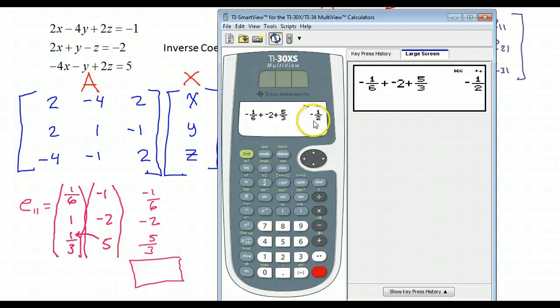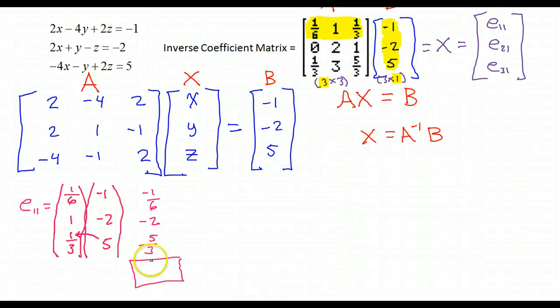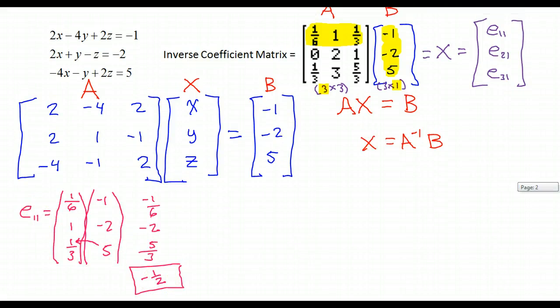Okay, that gives me -1/2. Okay, so the first element is -1/2. Okay, so we can erase this and put -1/2 in its place.